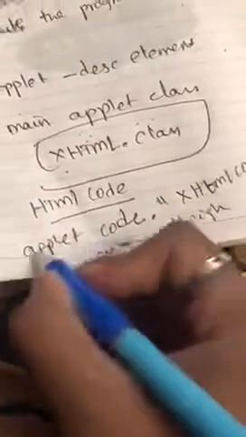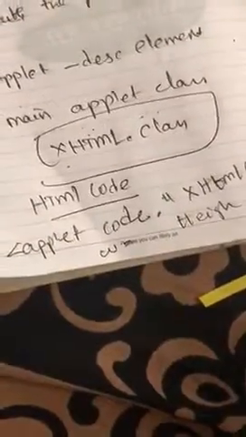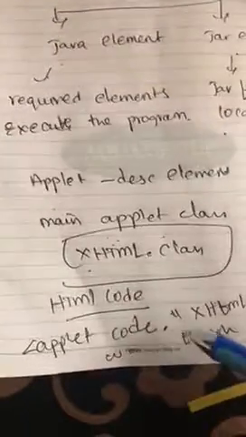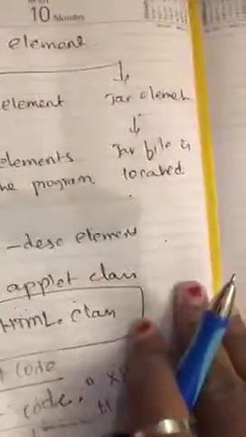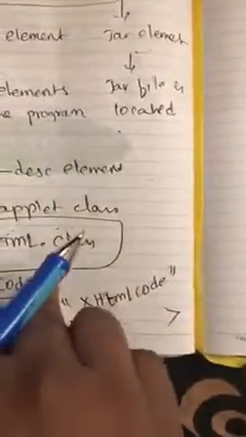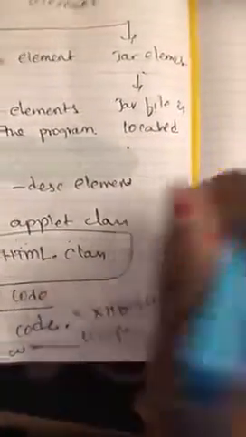Then we need to close the applet tag. So this is how the applet desk element is indicated.